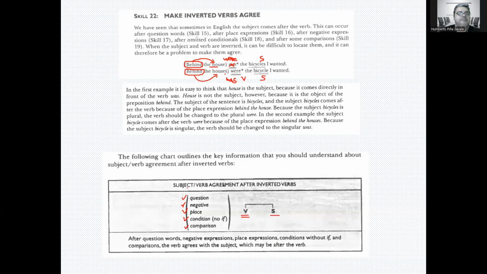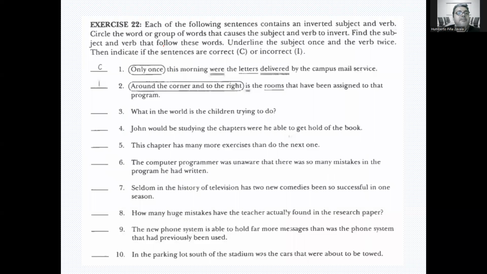Okay, so let's see Exercise 22. Each of the following sentences contains an inverted subject and verb. We're going to circle the word or group of words that cause the subject and verb to invert, find the subject and verb that follow these words, underline the subjects once and the verbs twice, and indicate if the sentences are correct or incorrect. The example: only once, right?